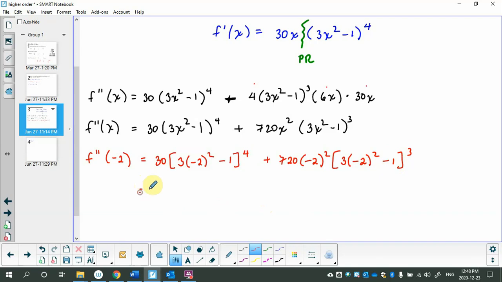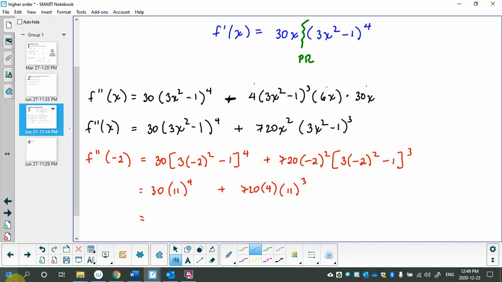Then I'm going to do some BEDMAS and then in a minute clean it up. So this is +4 times 3, which is 12, minus 1, which is 11 to the 4, plus 720 times +4, -2 squared. That's 4 times 3 is 12, minus 1 is 11 to the 3.